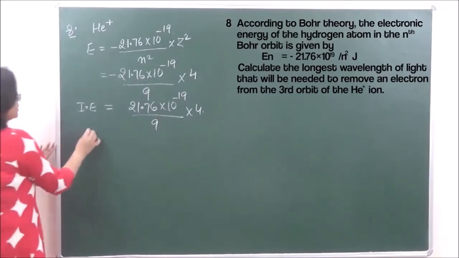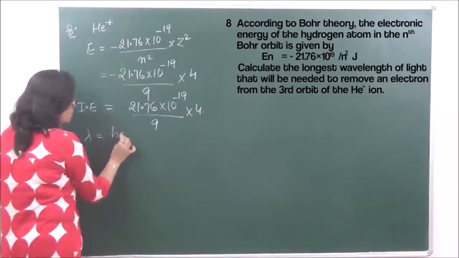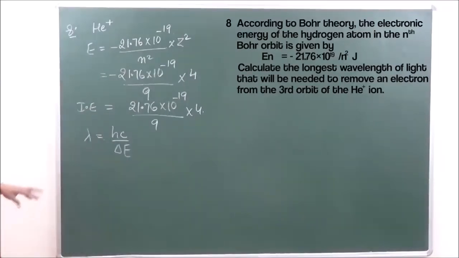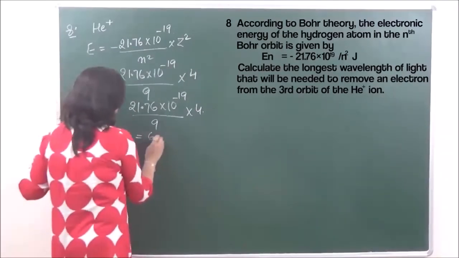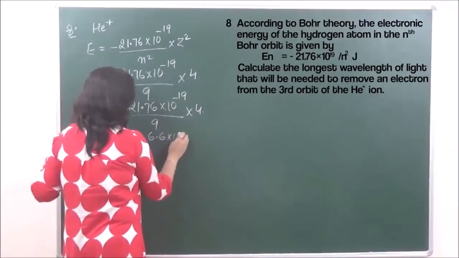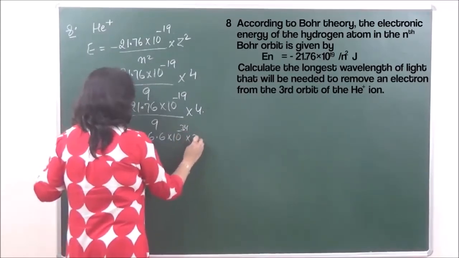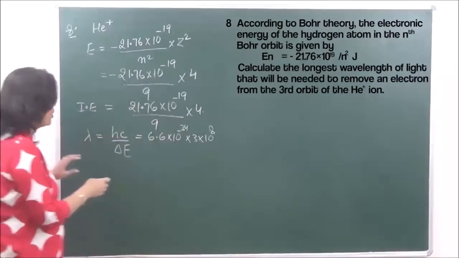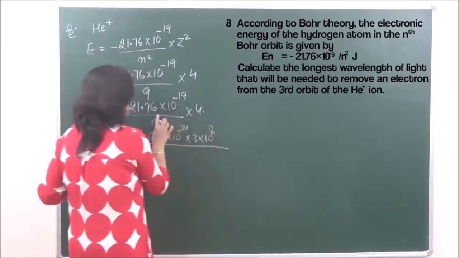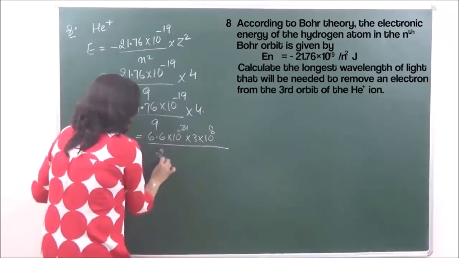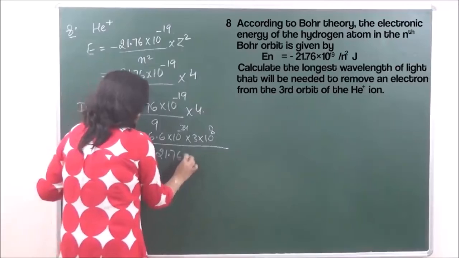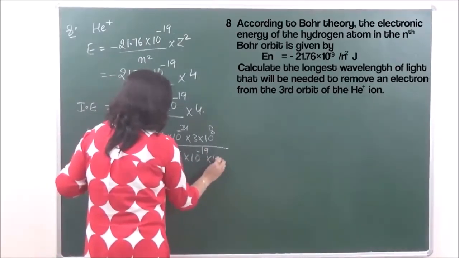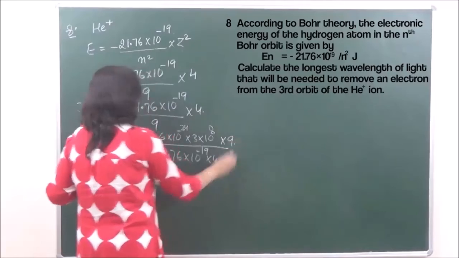Now what is lambda? Lambda is equal to hc upon delta E. The value of h is 6.6 into 10 raised to power minus 34 into 3 into 10 raised to power 8 upon the value of delta E, that is this.